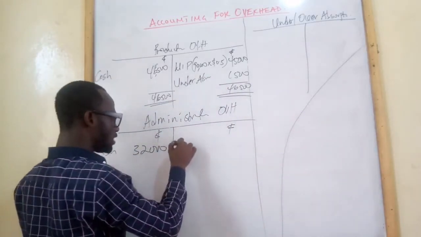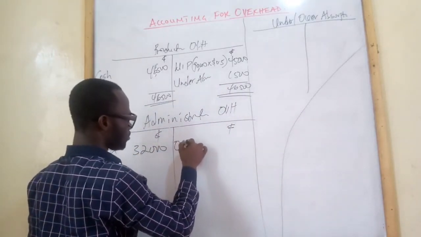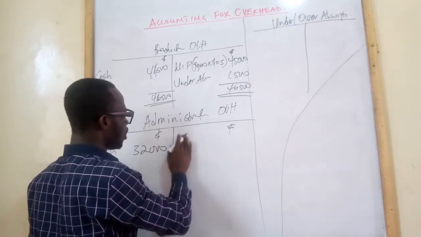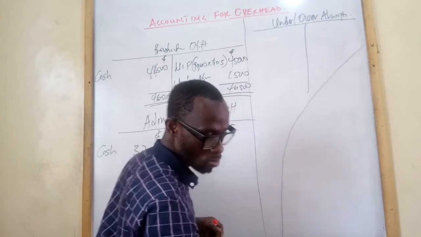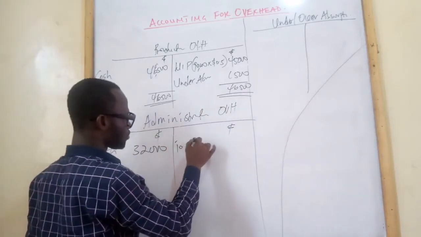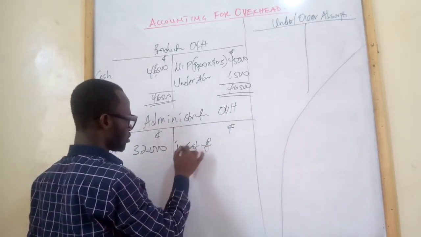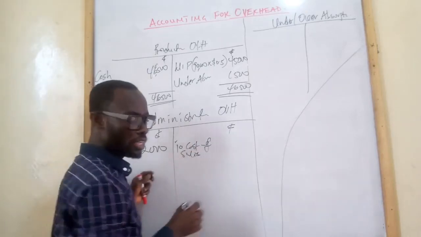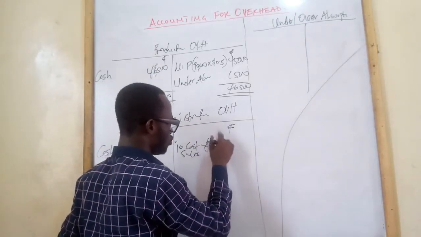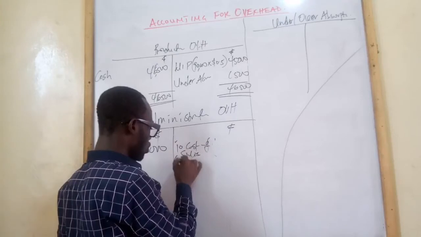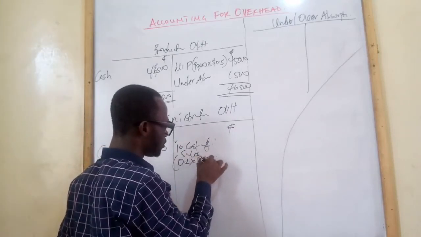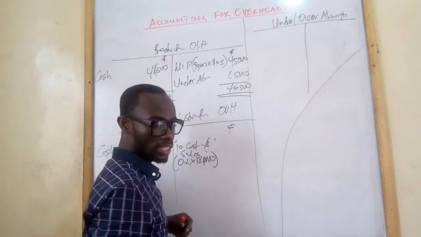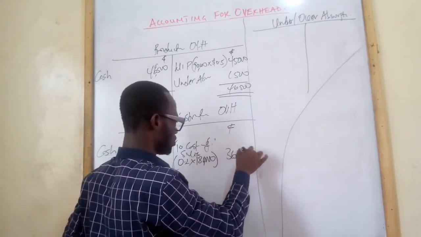So if you look at the overhead that is absorbed to cost of sales, it's going to be 20%, okay? So 0.2 of cost of sales. The cost of sales is 180,000, and that leads us to 36,000.